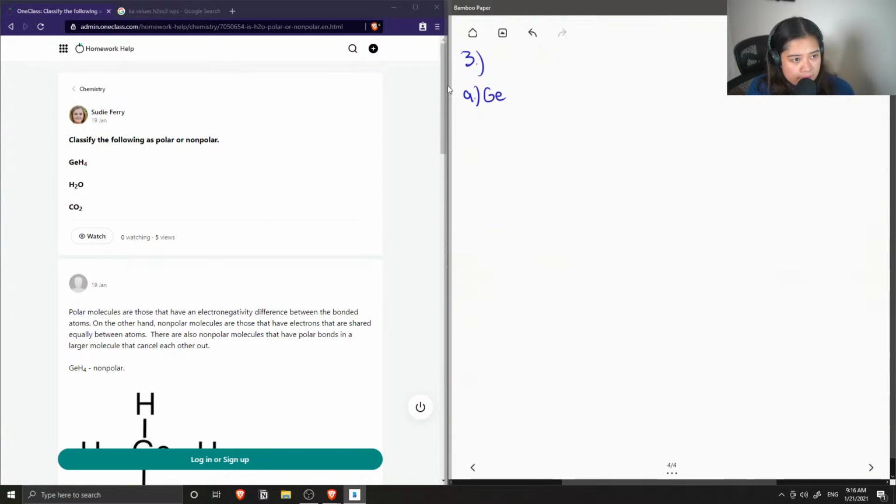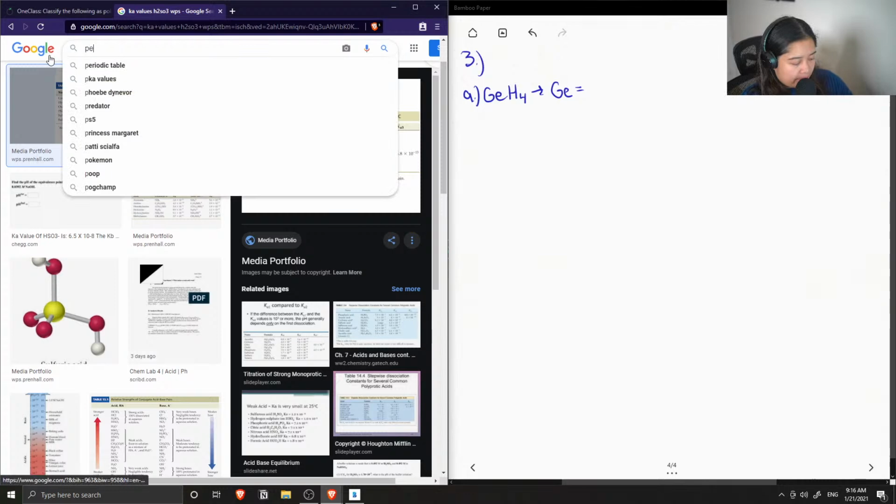So first, let's find the total valence electrons for our first molecule. I think this is germanium. We hardly see this element, so that's why I'm kind of hesitant on what it's called, but this is germanium, I'm pretty sure. Let me look up a periodic table.